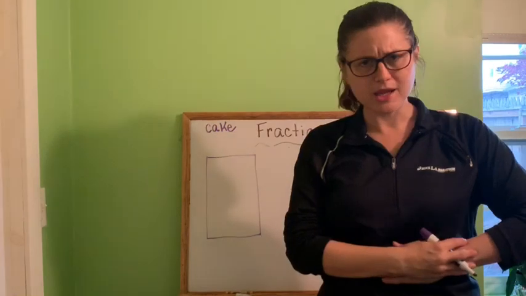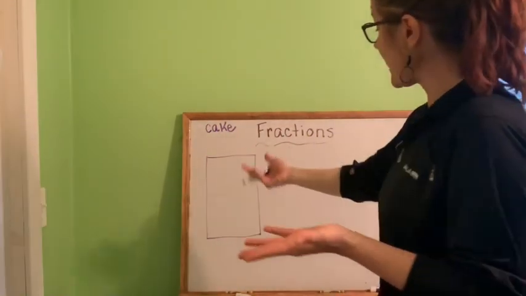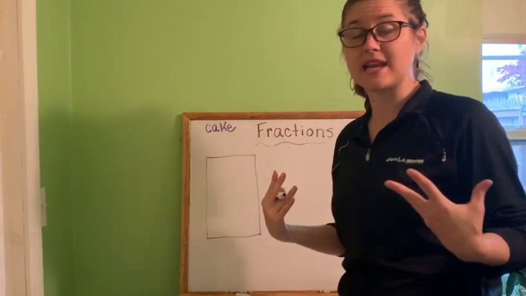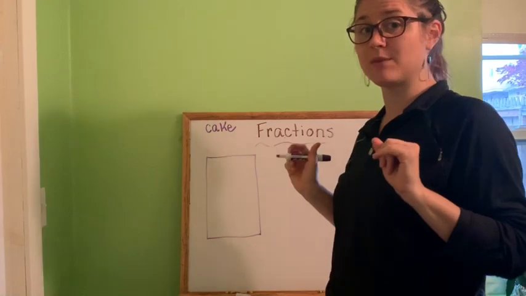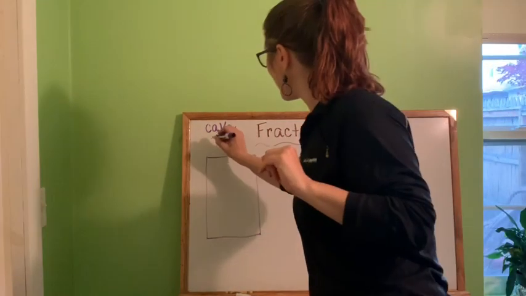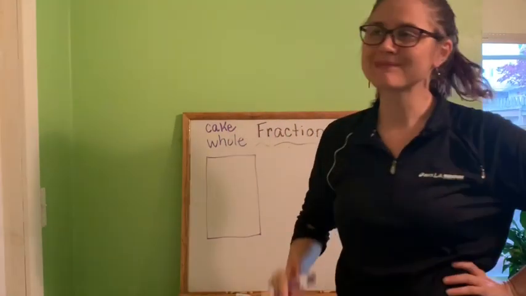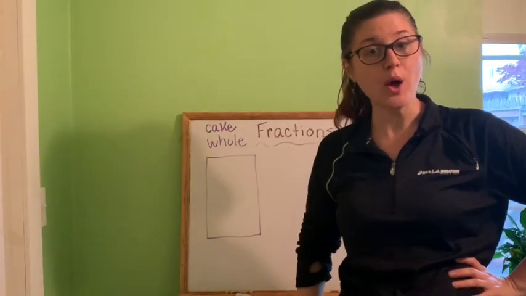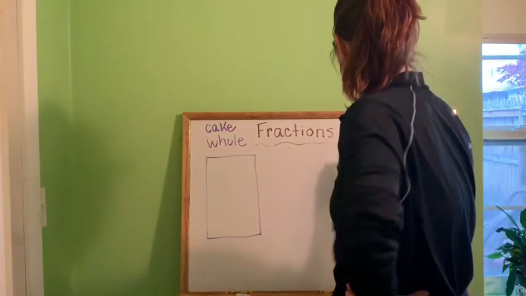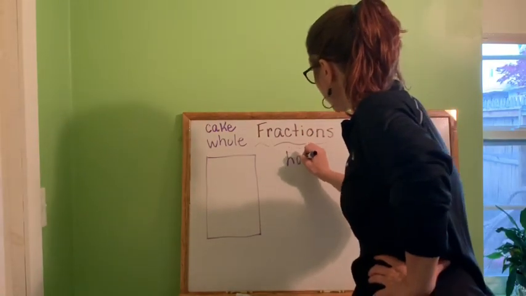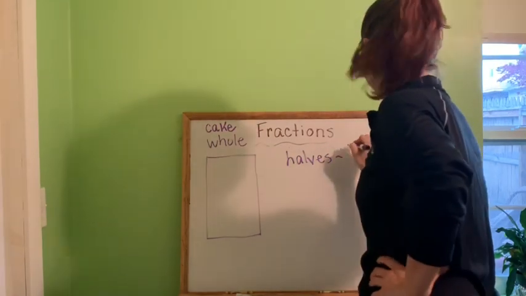Could you imagine if you got a whole cake to yourself? Oh, the bellyache you would have, right? But let's say you had this cake. Right now, when it's not cut into any parts, that's called a, it starts with a W sound. Yeah, it's called a whole. All right, but we know we can't be greedy, can't eat this whole cake on our own. So, if I want to split it into halves, how many parts is that? 2, yep.